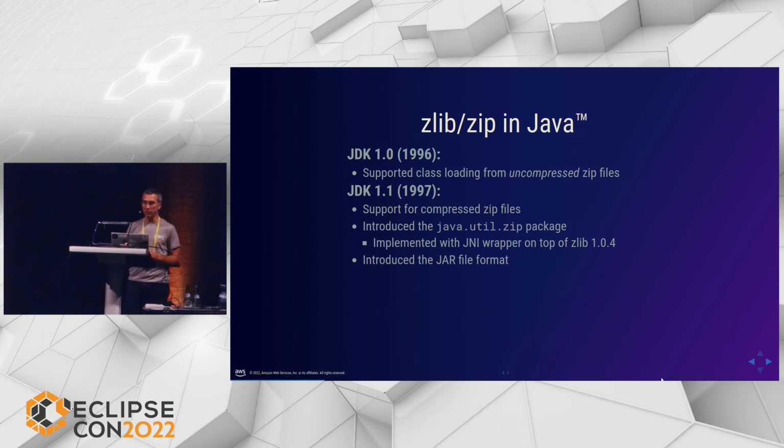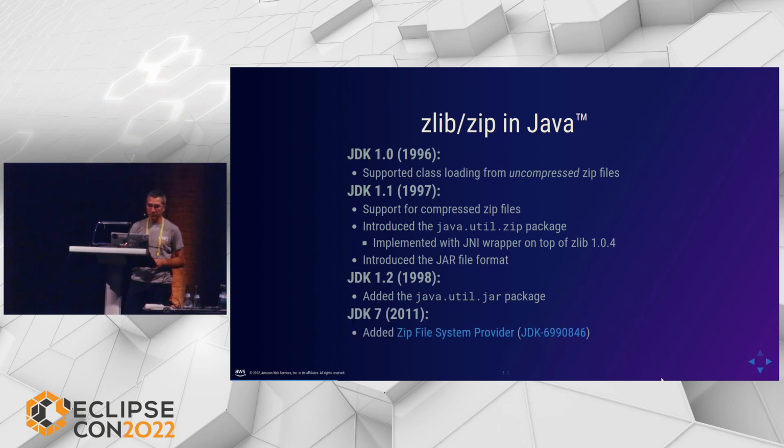JDK 1.1 also introduced the jar file format, which is basically a zip file with some additional meta information in the META-INF directory. But there was no API support for that. That was only added in JDK 1.2 in 1998 with the java.util.jar package.